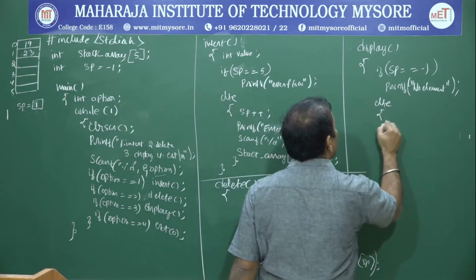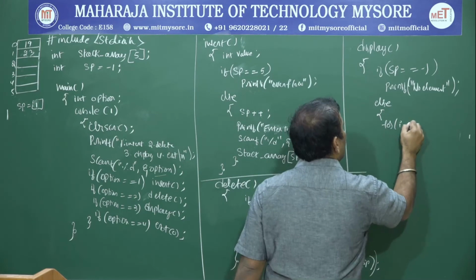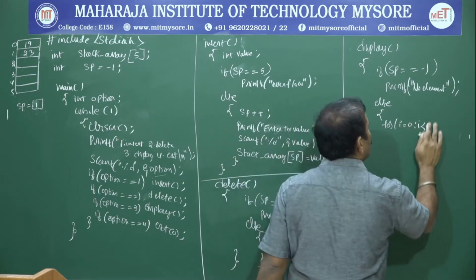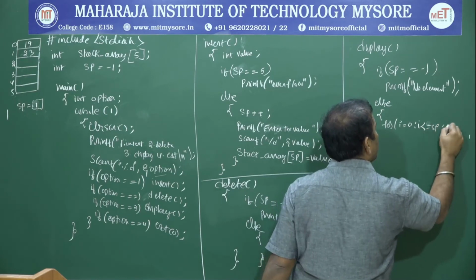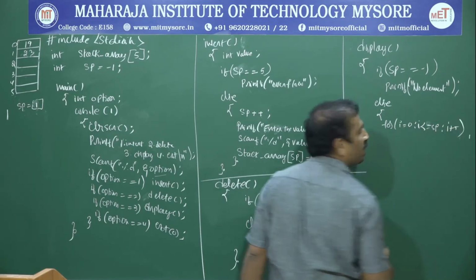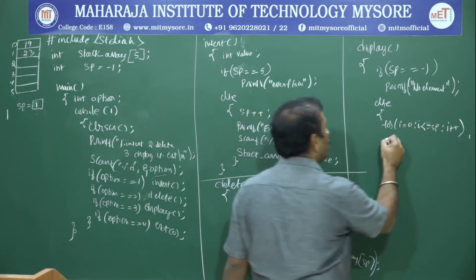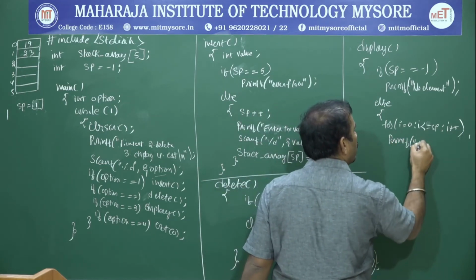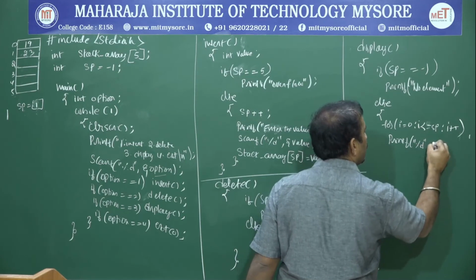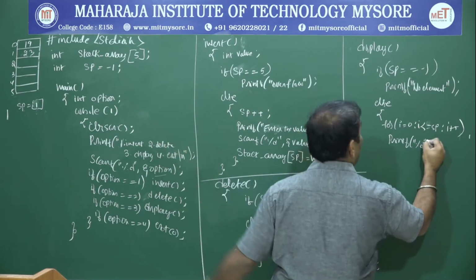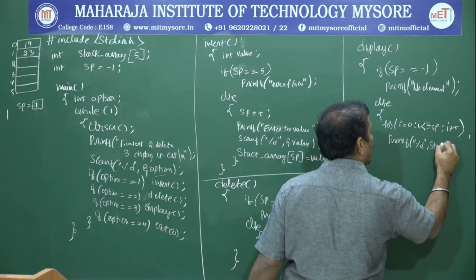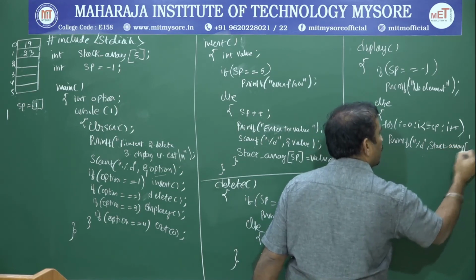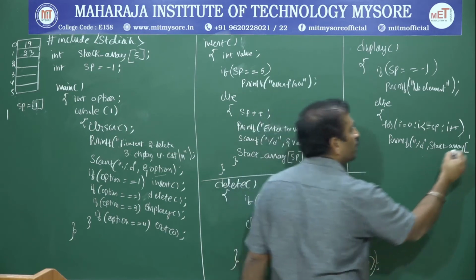Else, I write a for loop: for I equals 0, I less than or equal to SP, I plus plus. What I am doing is printf("%d", stack array of I).